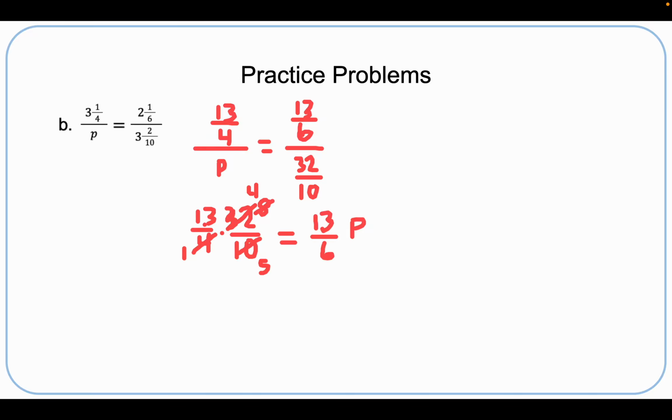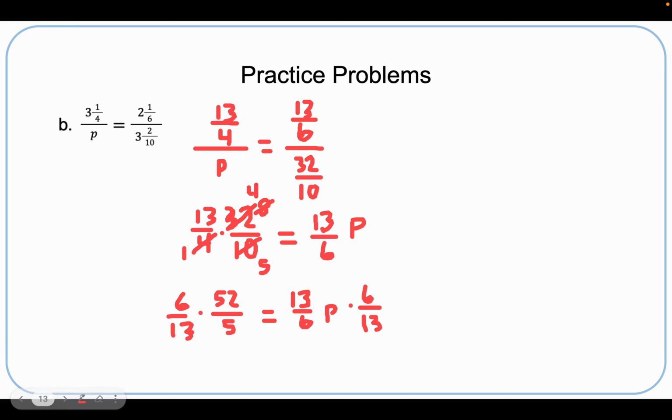Okay, now if we simplify, 13 times 4 is 52, and then that's over 5 equals 13 over 6 times p. To solve for p, we need to multiply both sides by 6 over 13. Multiply by the reciprocal. What I do to one side, we've got to do to the other.